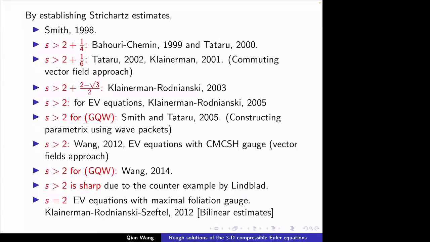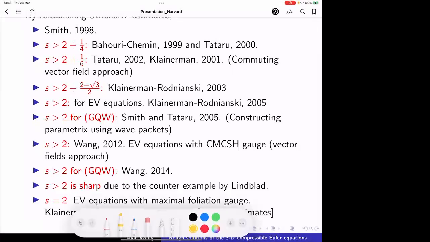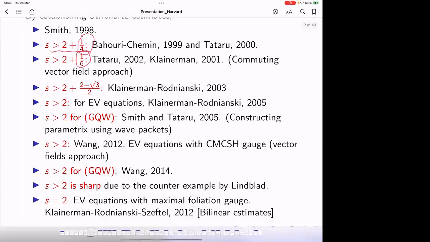Based on that relaxed strategy, you can close the arguments with a certain loss, but still gain over 5/2. For instance, if you look at these tiny numbers, you allow a certain 1/4 loss for the Strichartz estimate, 1/6 loss for the Strichartz estimate. With a bit of loss, you actually can achieve better results, in particular for quasilinear wave equations.